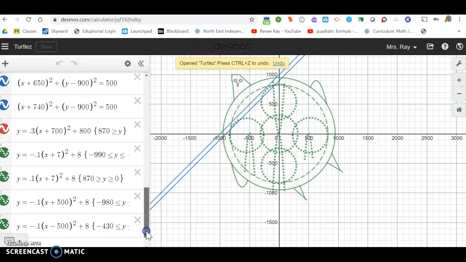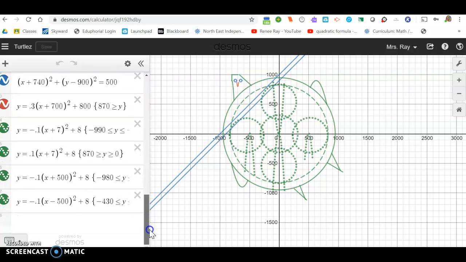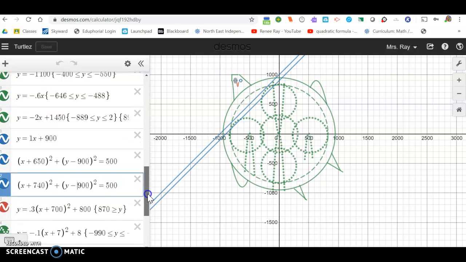So keep in mind that only one of these circles is required. The rest was linear and quadratic. So here's a quadratic, 1, 2, 3, 4, 5, 6. They ended up, there was a circle.